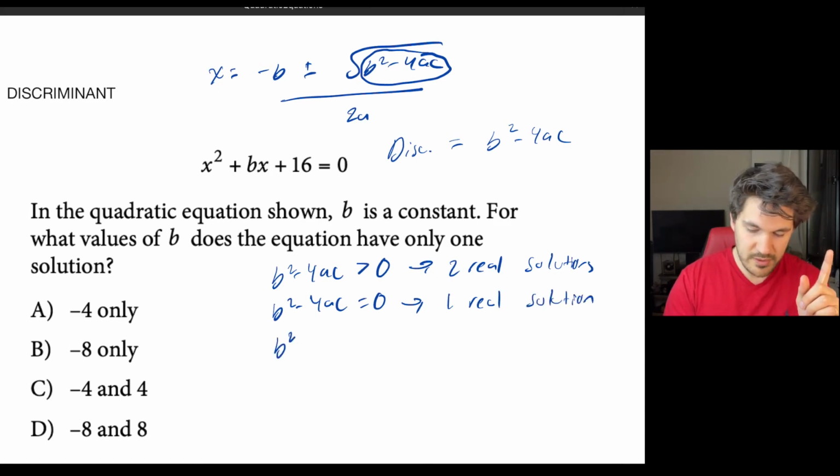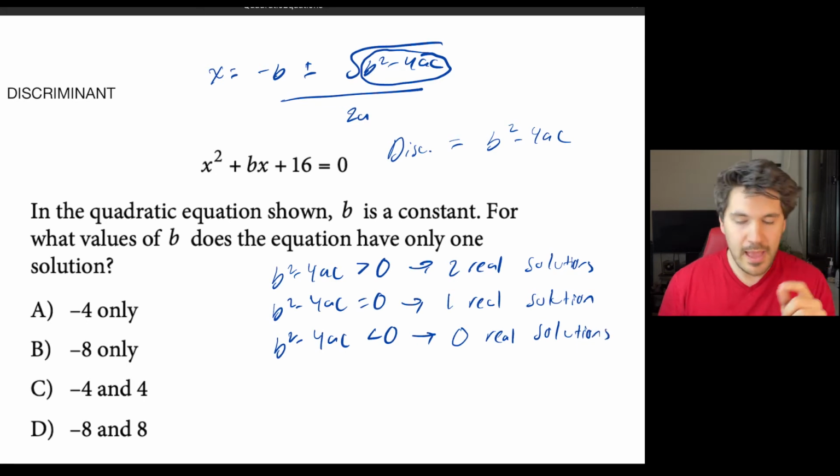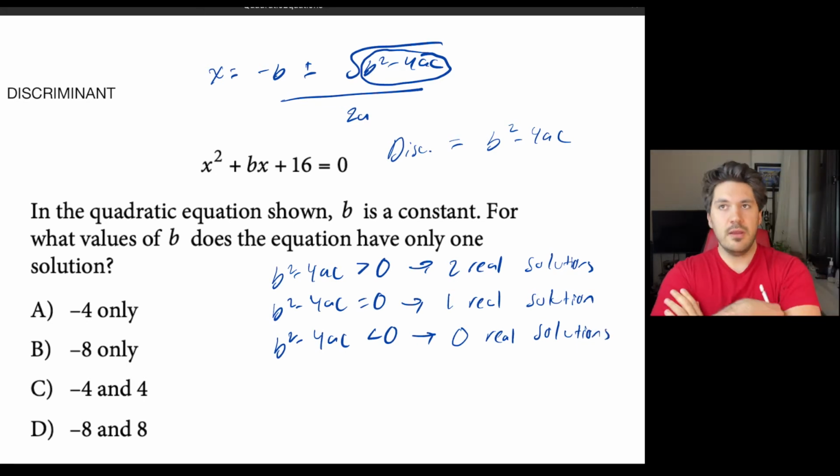If b squared minus 4ac is less than 0, you're going to have 0 real solutions. Now, for you smarty pants out there, you might tell me you can have imaginary solutions. We don't care about imaginary solutions for the SAT. We're only tested on real solutions.